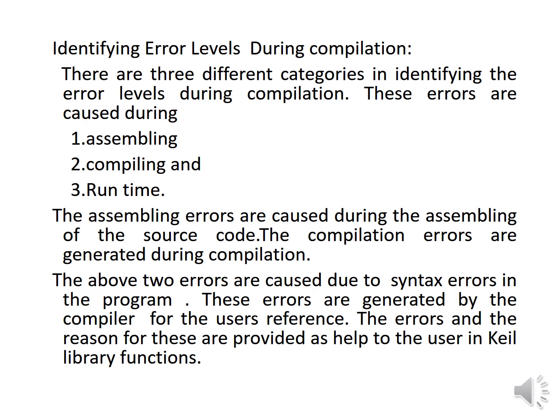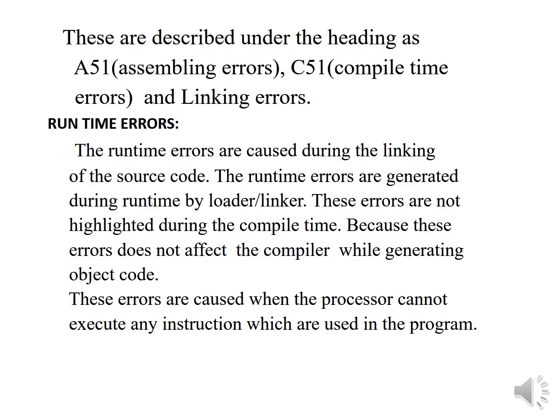The above 2 errors are caused due to syntax errors in the program. These errors are generated by the compiler for the user's reference. The errors and the reasons for them are provided as help to the user in the Keil library function. These are described under the headings A51 assembling errors, C51 compile time errors and linking errors.